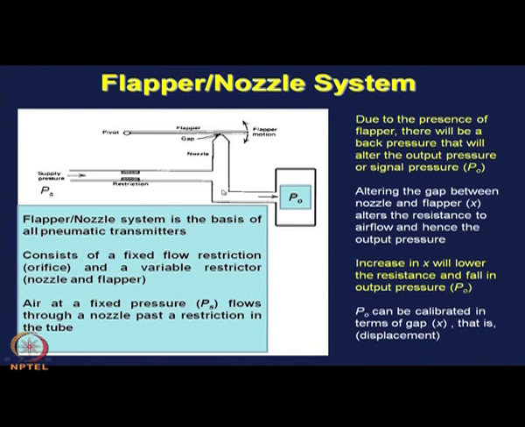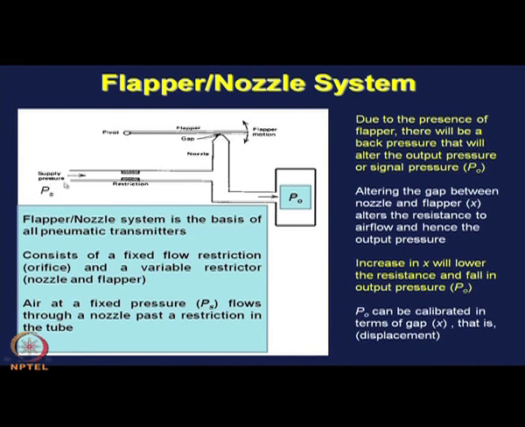So, it is a very simple system, consists of an orifice which provides a fixed flow restriction and a nozzle and flapper which acts as a variable restrictor.